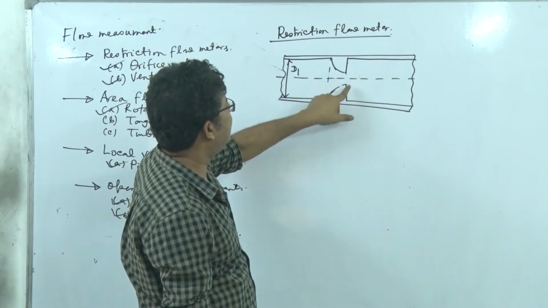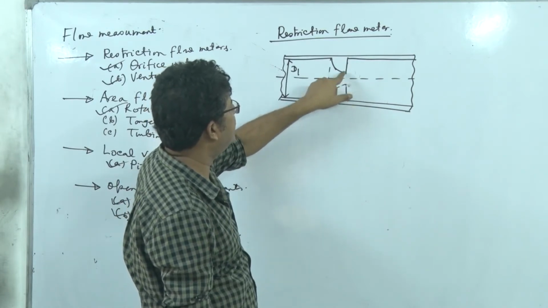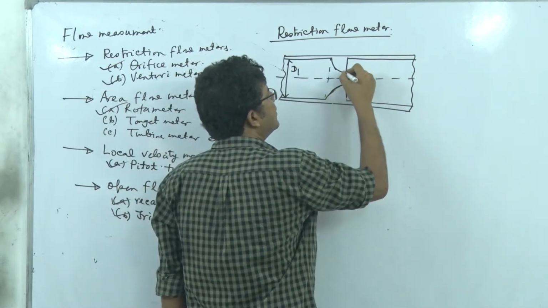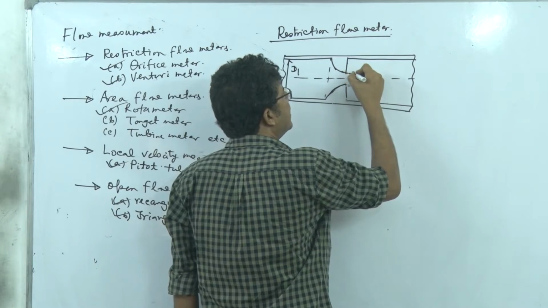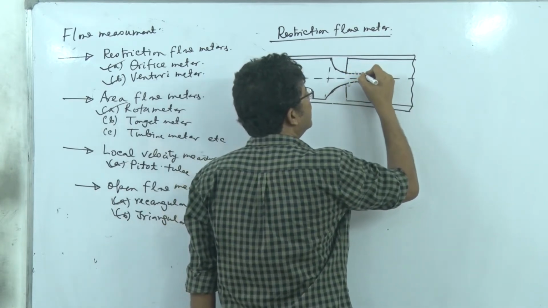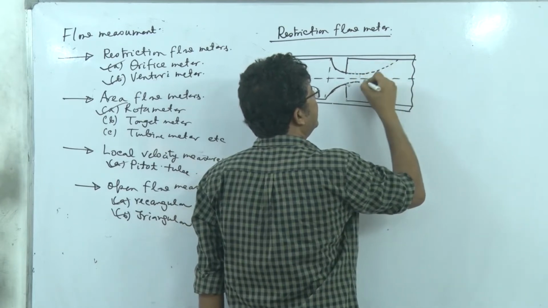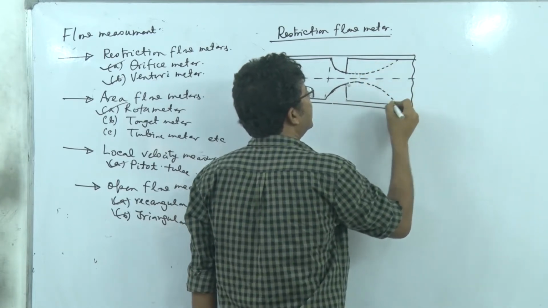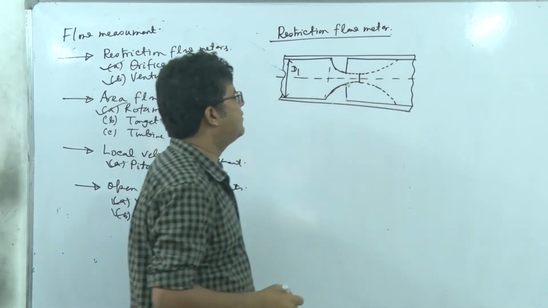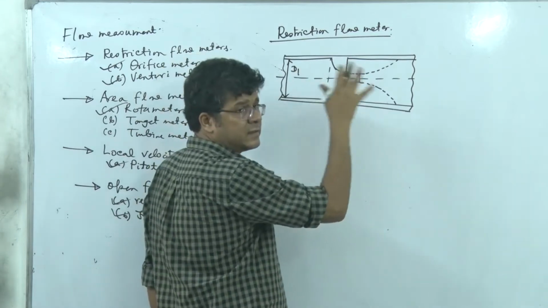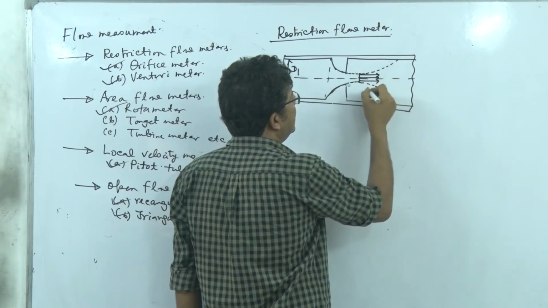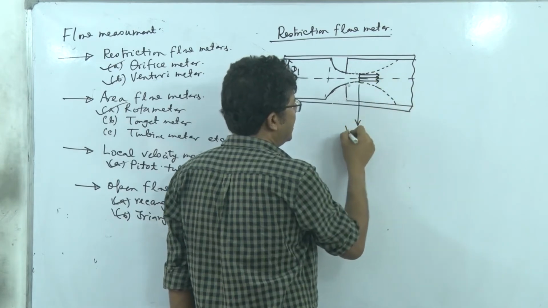Here we will have inevitable boundary layer separation at this point, and further the fluid will continue to reduce its cross-sectional area up to a certain point, and after that it will again expand and occupy the whole cross-sectional area. So this region where the cross-section of the fluid attains its minimum area, we call the vena contracta.